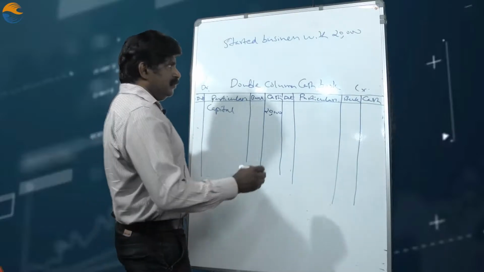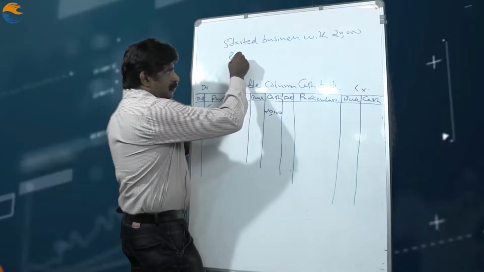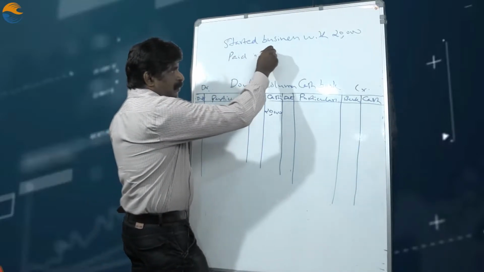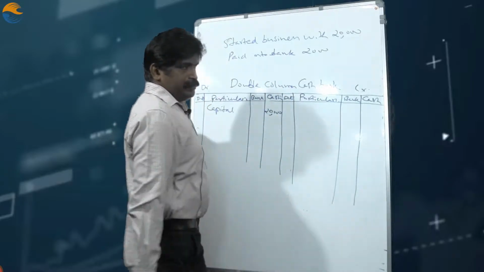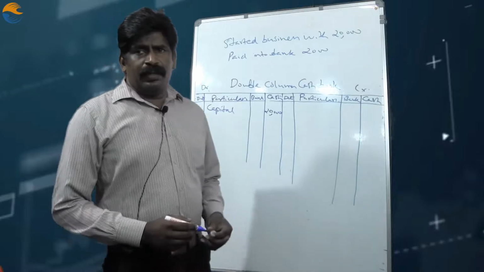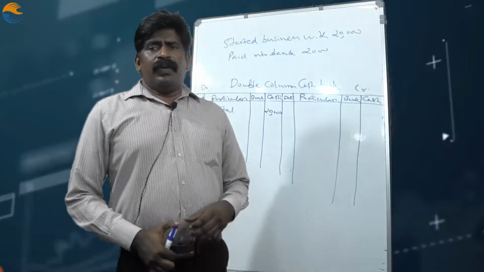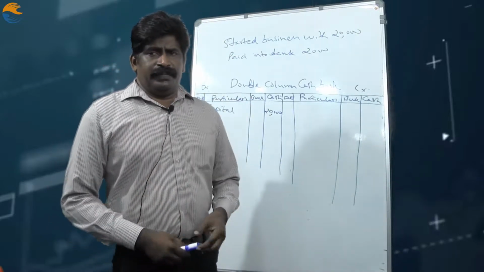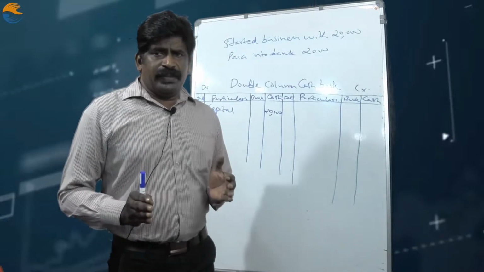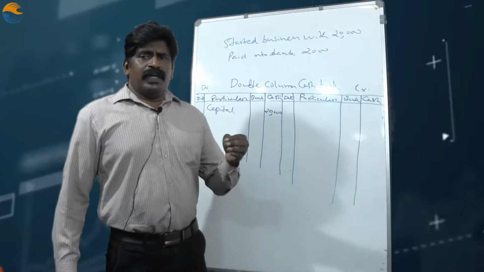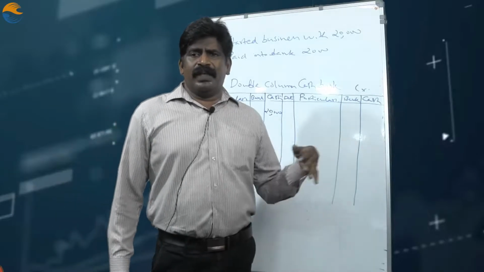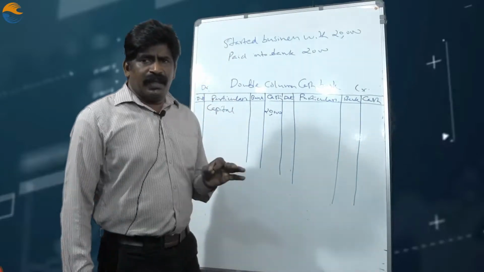Consider another transaction. Paid into bank 2,000. When we make a payment to the bank, it will affect cash and bank, because the aspects of this transaction paid into the bank are cash and bank.